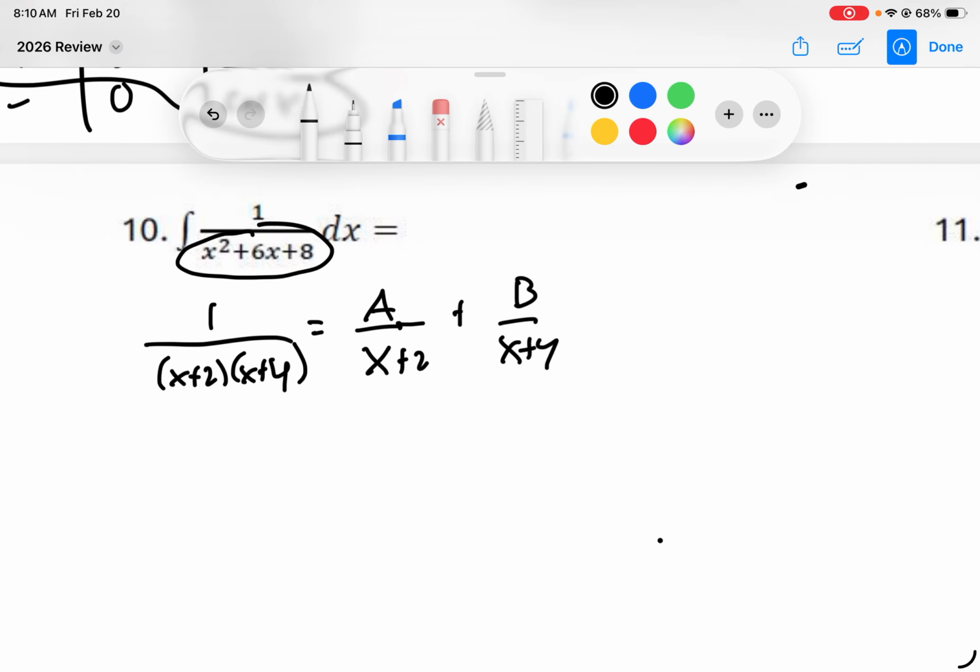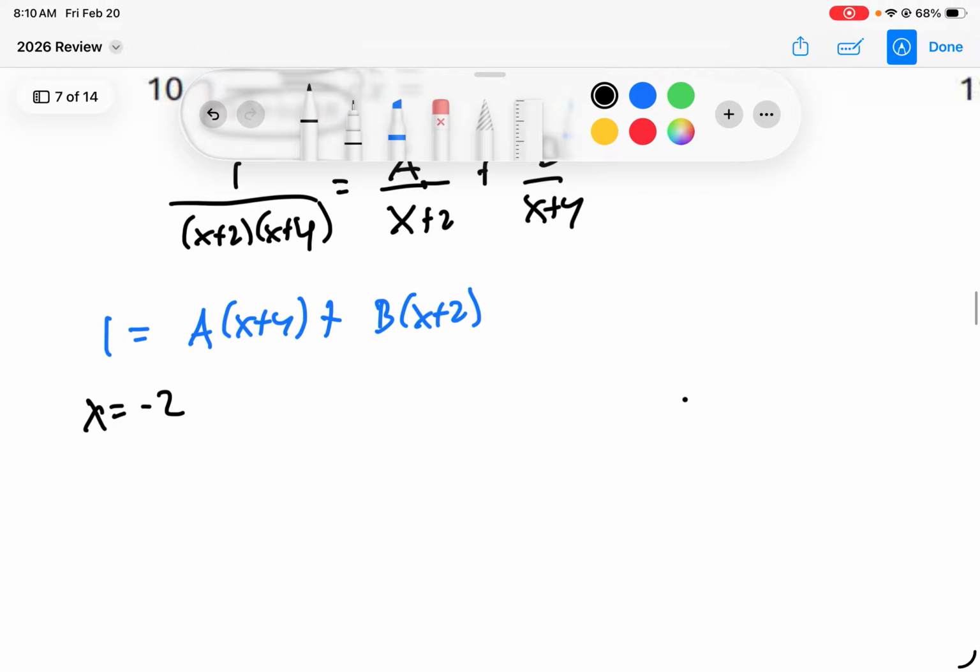All right, so what are we doing? Oh yeah. Get rid of the denominator. So I go with this: 1 is a times x plus 4 plus b times x plus 2. Plug in x is -2. If I plug in -2, that b term goes away. Plug in -2 right there, I get 2. So a is 1/2. Okay, did I say that right?